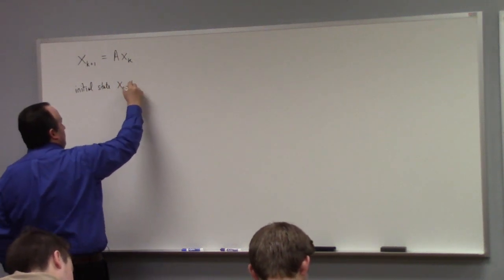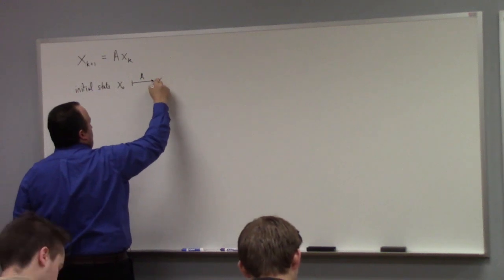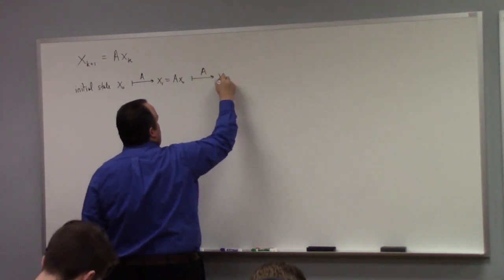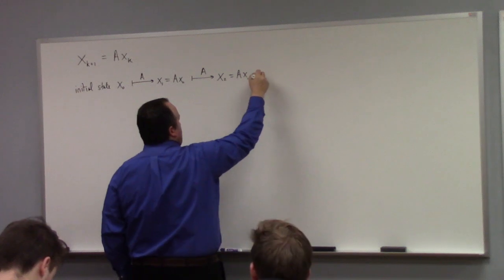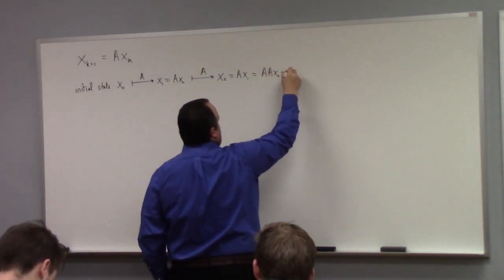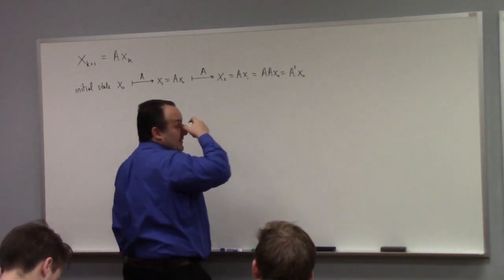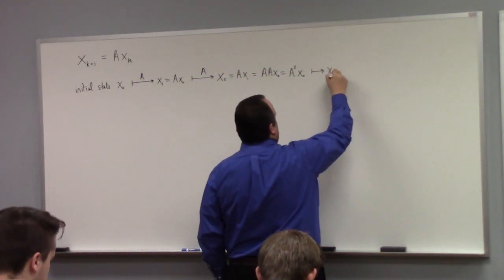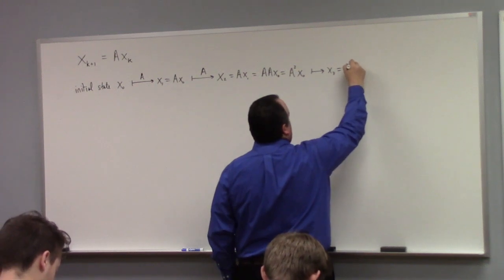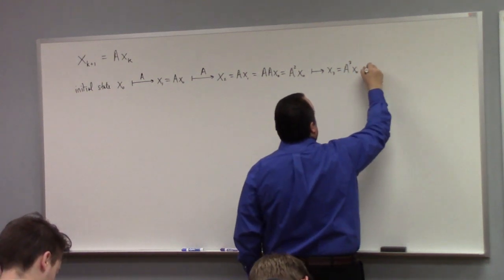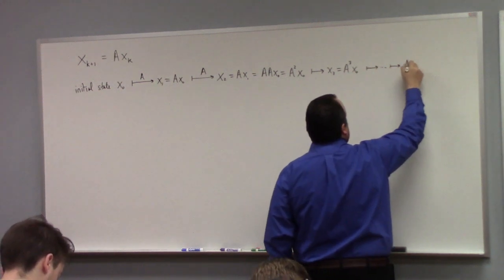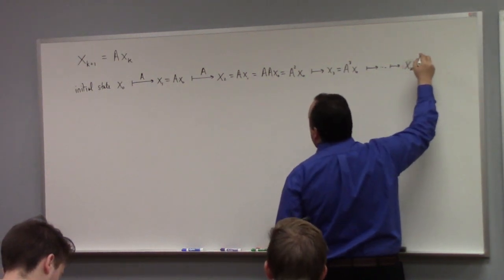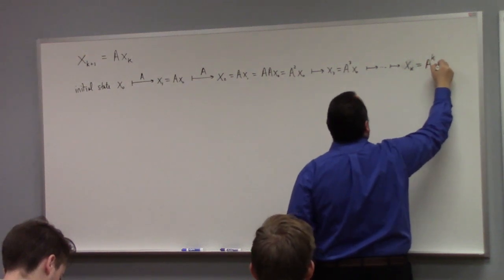Then you multiply by A, you get x1, which is A x naught. Then you multiply by A again, and you get x2, which is A times x1, which is A squared x naught, right? And this goes on. Then you go to x3, which would be A cubed times x naught, and so forth. Finally you get to the kth state, which we can work out is going to be A to the power k times x naught.